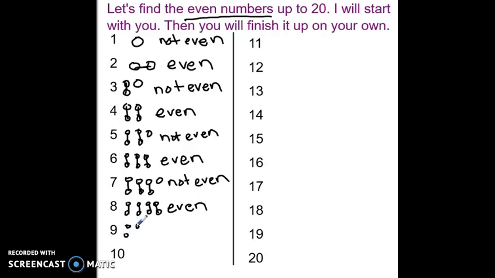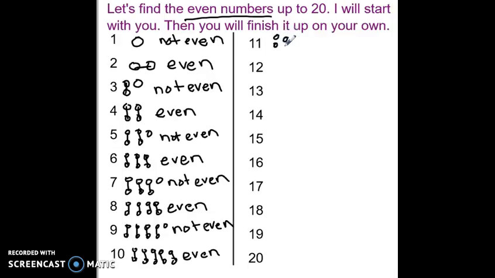Now we'll do 9. Partner them up. 9 is not even because 1 is left out. And then we'll do 10. Ten is even because they all have partners. We'll do a few more, and then you're going to finish the rest up on your own.